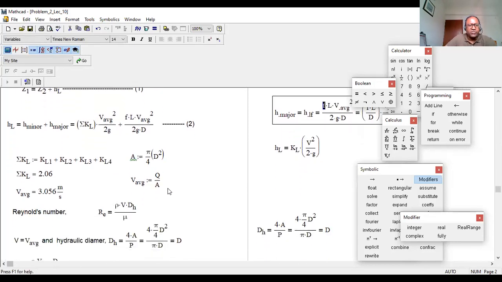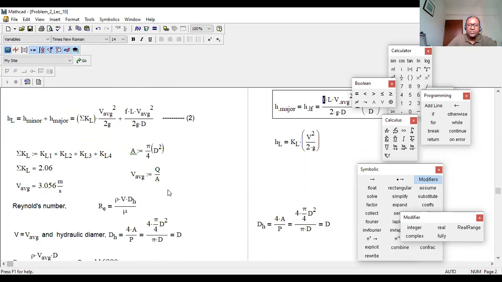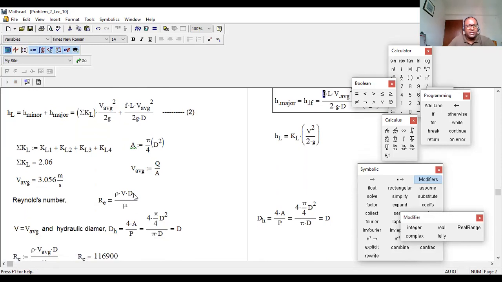So to figure out the friction factor f, obviously you need to check whether the flow is laminar or turbulent. And if you use the Moody diagram, obviously you need to figure out the Reynolds number. So rho V D by mu. You remember V equals V average that we get from here, and we got it 3.056 meter per second.